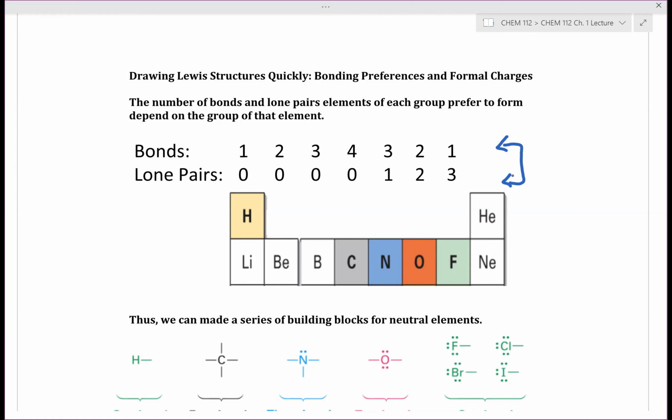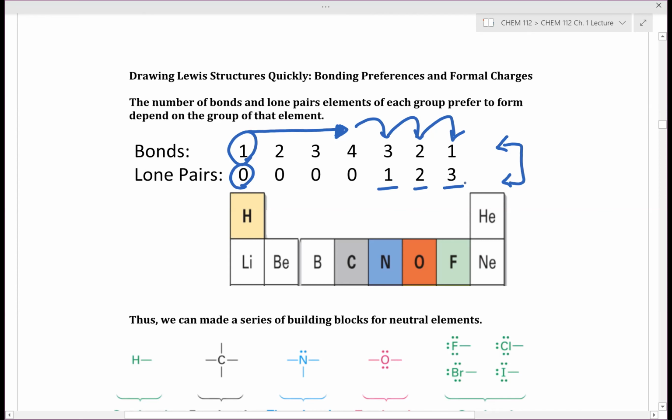For hydrogen, hydrogen likes to form one bond with 0 lone pairs. Our number of bonds increases to 4 for carbon. Carbon likes to form 4 bonds. And then past carbon, nitrogen, oxygen, and fluorine like to form successively 1 less bond and instead like to have lone pairs.